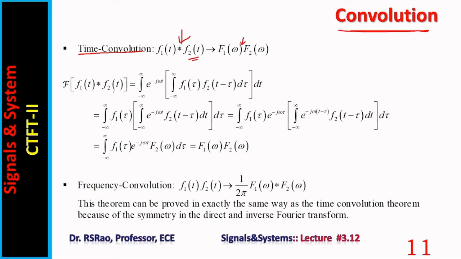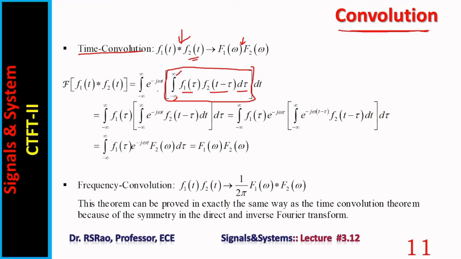To have a proof for this statement, time convolution, consider the Fourier transform of two convolving functions f1(t), f2(t). It is equal to the integral from minus infinity to plus infinity of e^(-jωt) times the integral from minus infinity to plus infinity of f1(τ) f2(t minus τ) dτ. Notice whatever is in the square brackets is the definition of convolution.